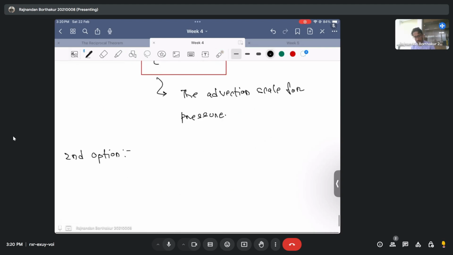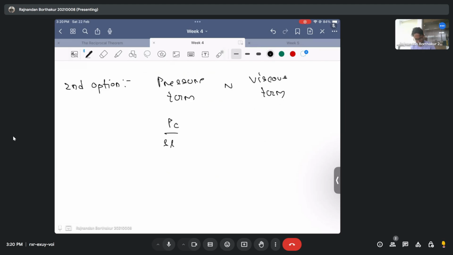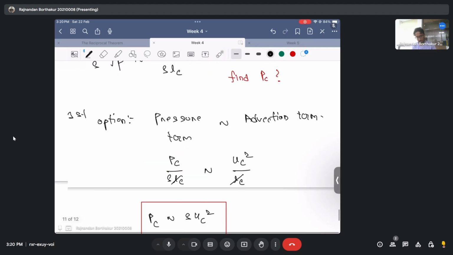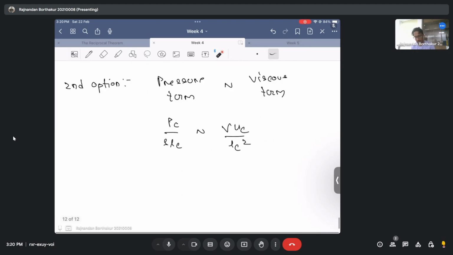If I say that my pressure term scales as the viscous term, and my pressure term is just PC times rho LC, and the viscous term is nu UC by LC square, then if I calculate what PC would be, I would simply get PC to scale as rho nu UC by LC.